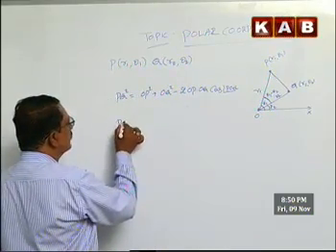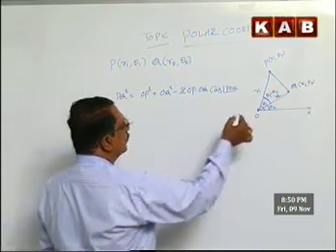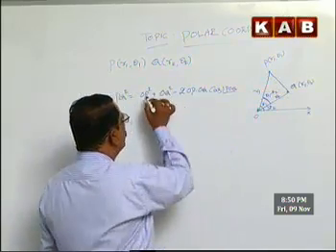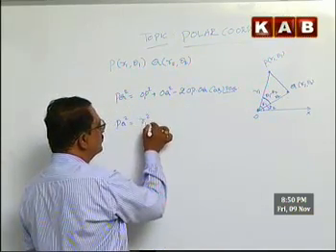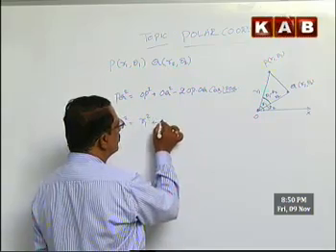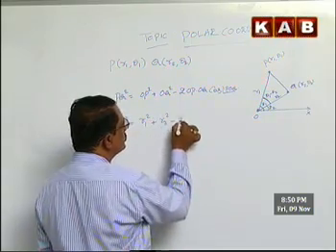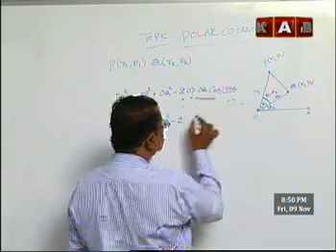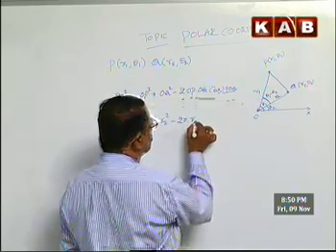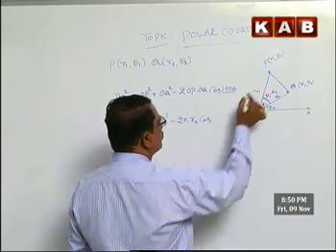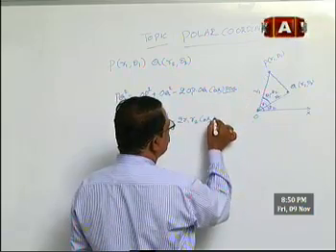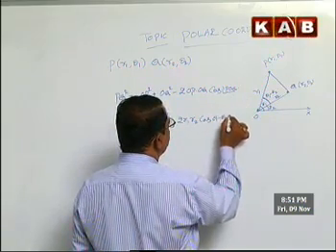Now, OP equals r1, so OP square equals r1 square, and OQ equals r2, so OQ square equals r2 square, minus 2 into r1 into r2 cos of angle POQ equals theta 1 minus theta 2.